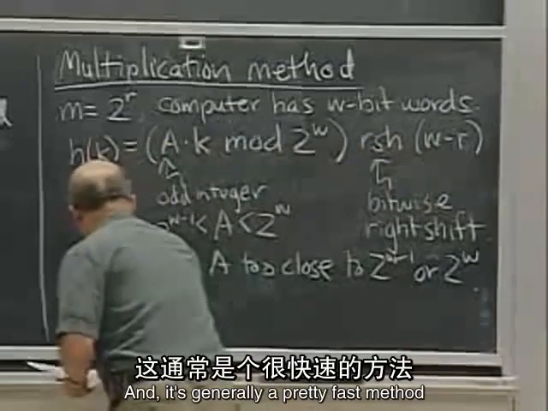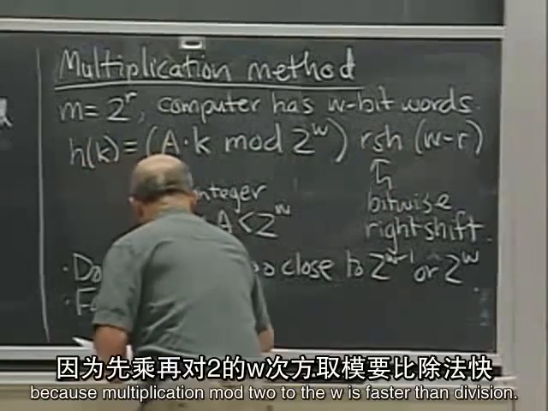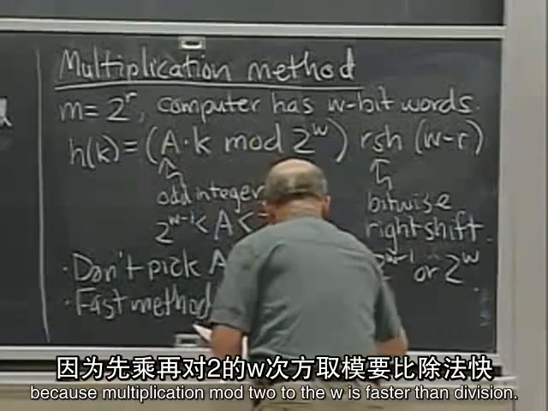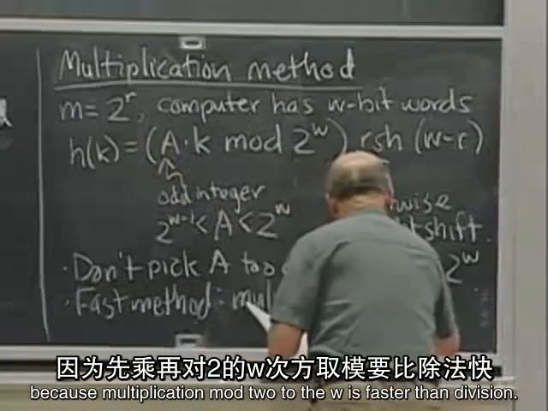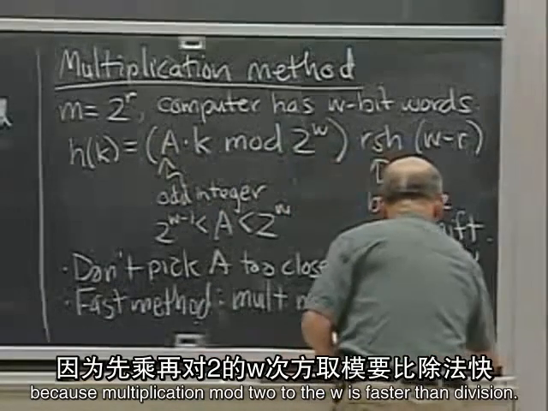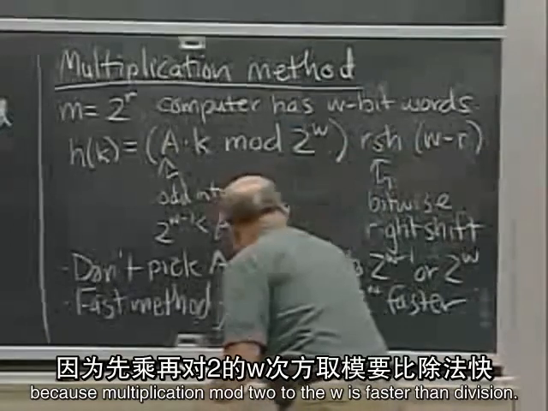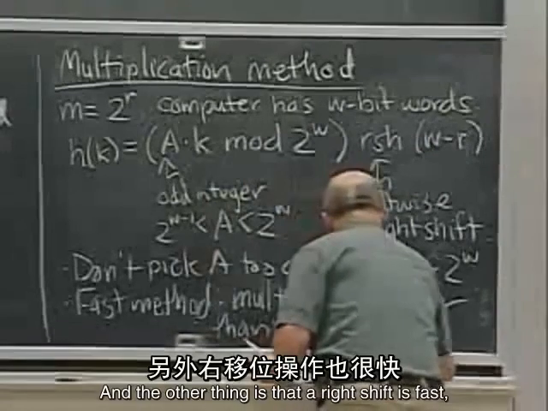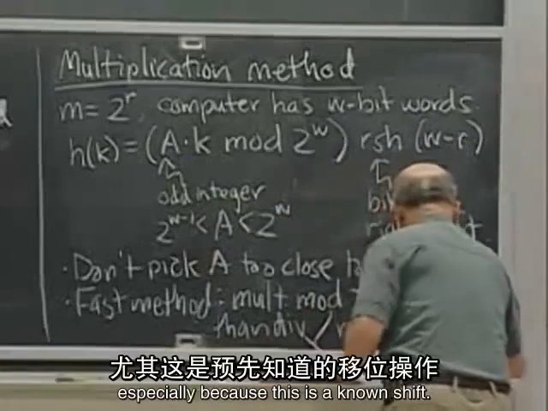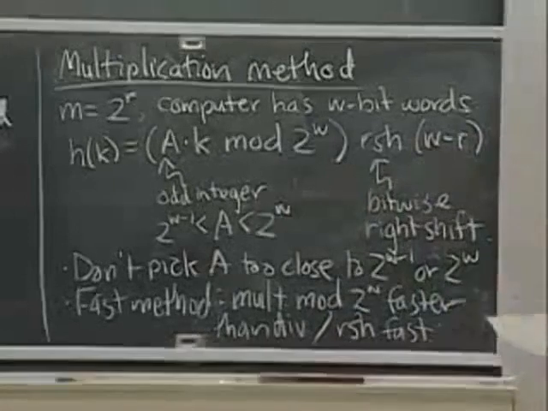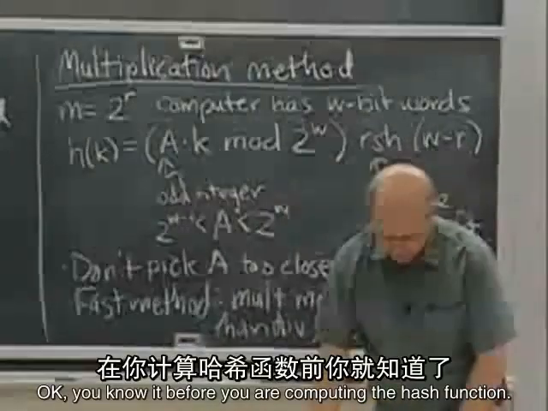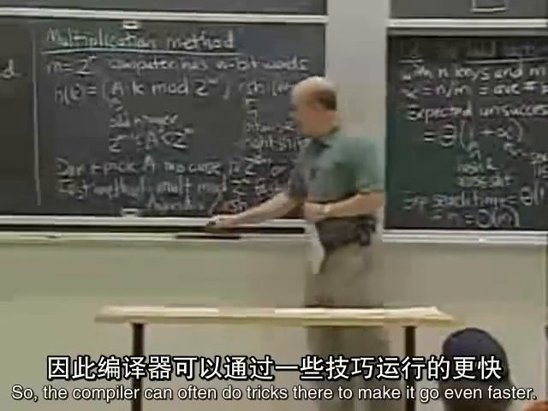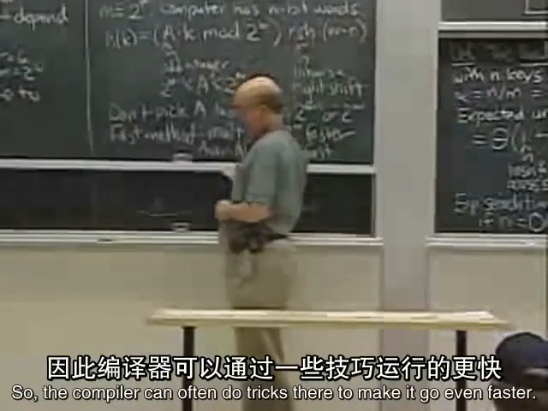And it's generally a pretty fast method, because multiplication mod 2 to the w is faster than division. And the other thing is that a right shift is fast, especially because this is a known shift. You know it before you're computing the hash function. Both w and r are known in advance, so the compiler can often do tricks there to make it go even faster.